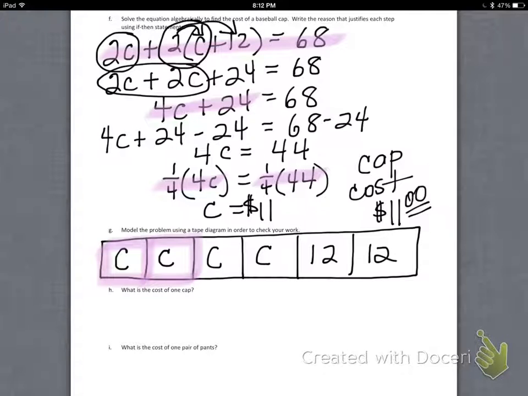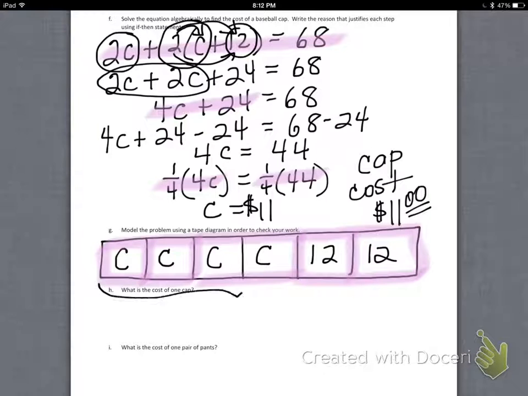So then I had another C and a C. And then I had two 12s right over here because there's two of them right there, two 12s. And boom, boom, boom. So I know that all of that was equal to 68. This entire thing was 68.